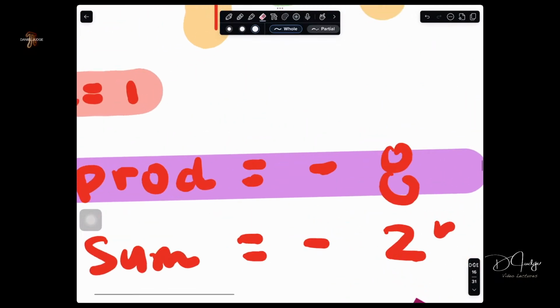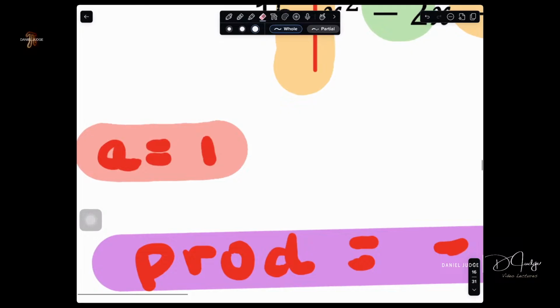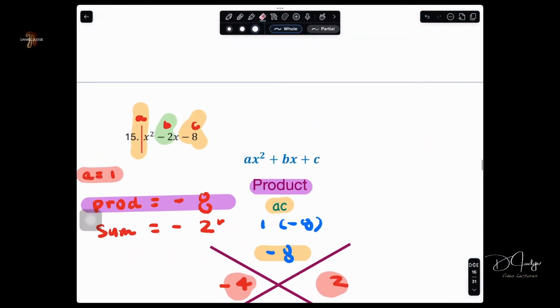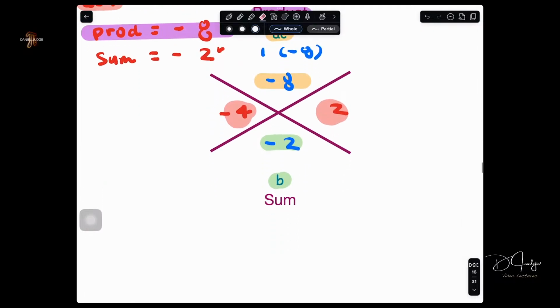And because A is the number 1, we're actually done. We have factored this, meaning we can write this down in answer form: x minus 4 times x plus 2.